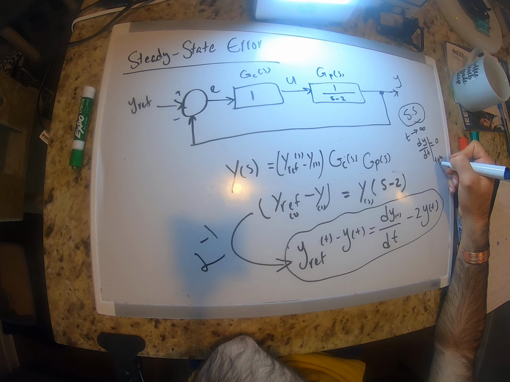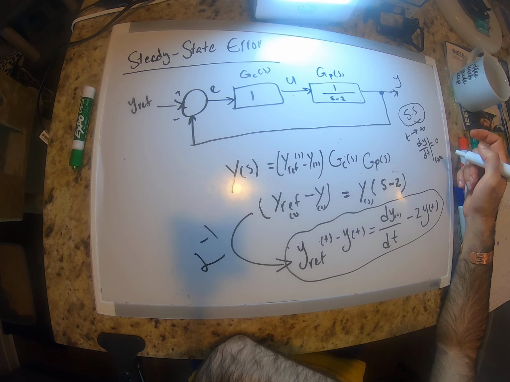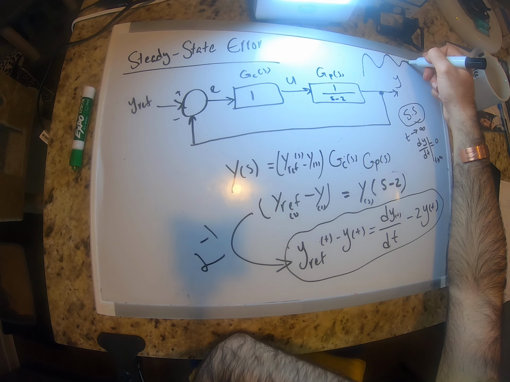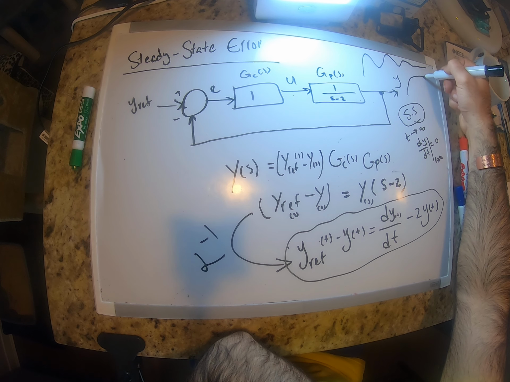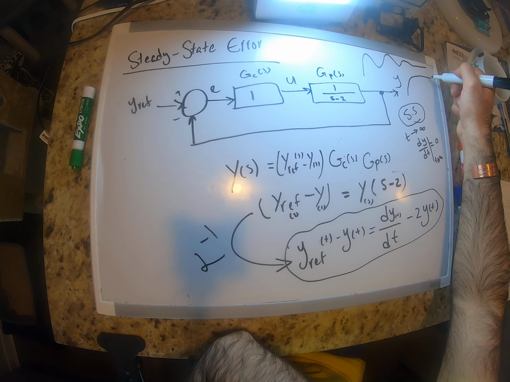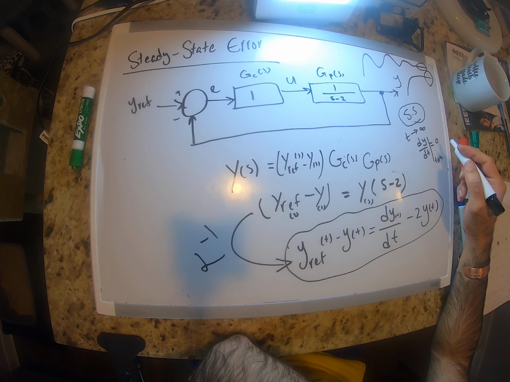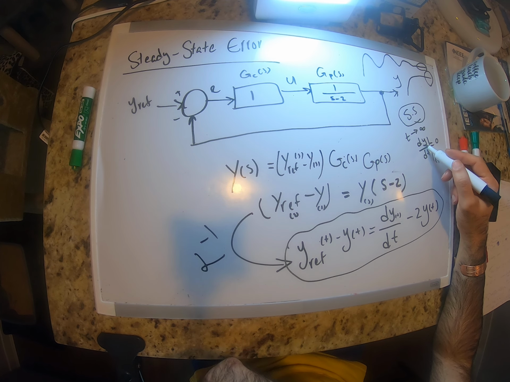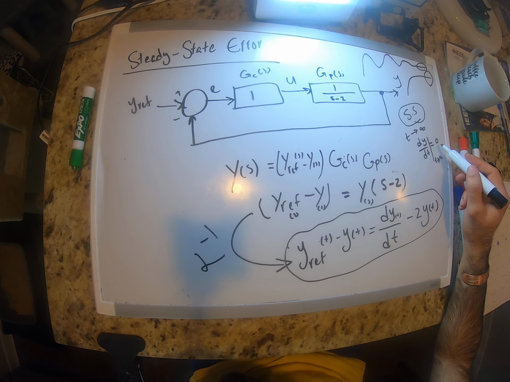As t moves towards infinity, this moves towards 0, because that's the definition of a steady state. It means all the oscillations would get damped, and we reach a point where there's not much change here. So the derivative of our response with respect to time tends to 0.